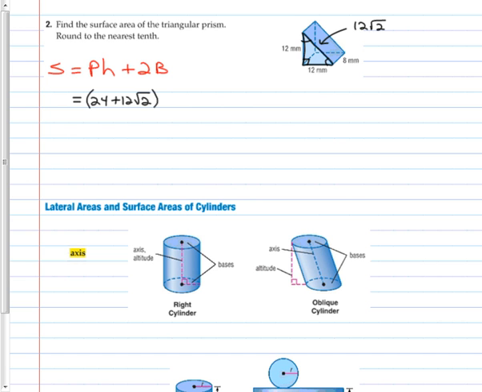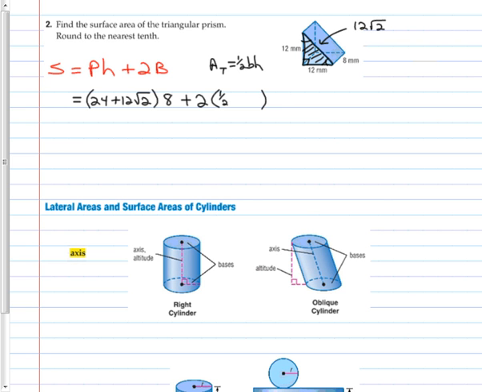8 is the height. That's where I'd have to push all the way through the height, 8 millimeters to get there. Plus 2 times the area of the base. How am I going to get the area of this base? 1/2 base times height. I'm going to use the area of a triangle formula, 1/2 base times height.